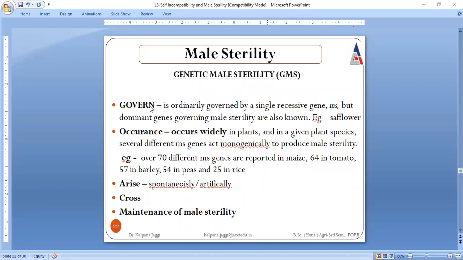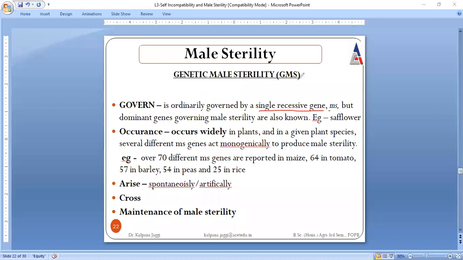In this case, obviously male sterility is governed by a genetic factor. Here male sterility is governed by the genotype, that means by a gene, but that gene is a recessive gene, said to be ms. Listen carefully here.